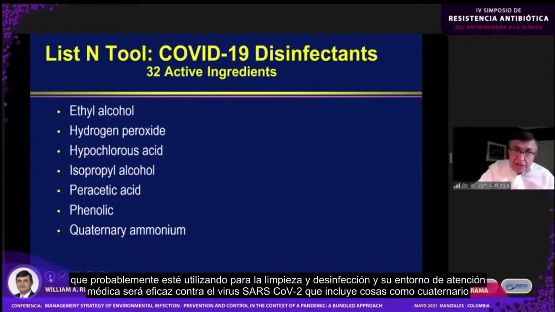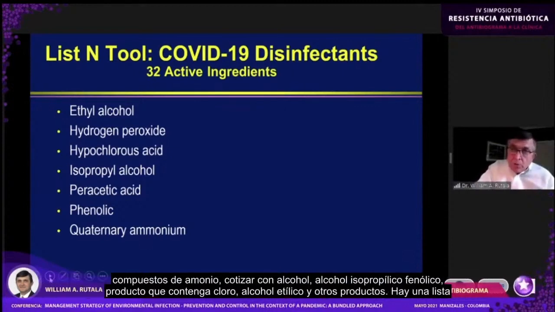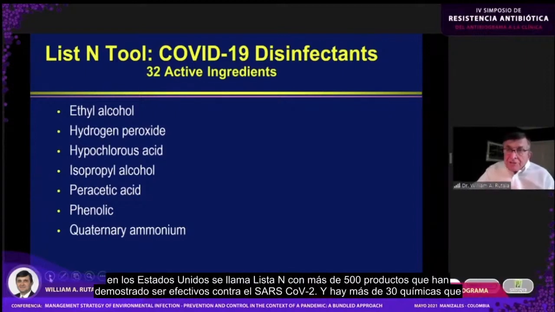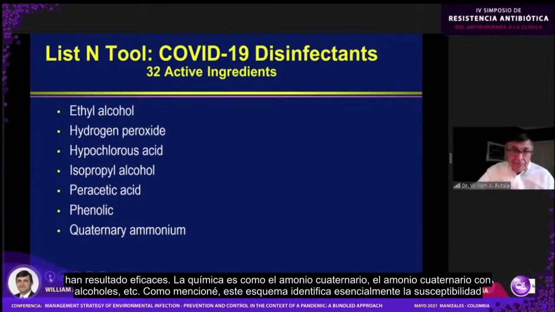That includes things like quaternary ammonium compounds, quat with alcohol, phenolics, isopropyl alcohol, chlorine-containing products, ethyl alcohol, and other products. There is a list in the United States, it's called List N, with over 500 products that have been found effective against SARS-CoV-2, and there's over 30 chemistries that have been found effective, chemistries like quats with alcohols, and so forth.